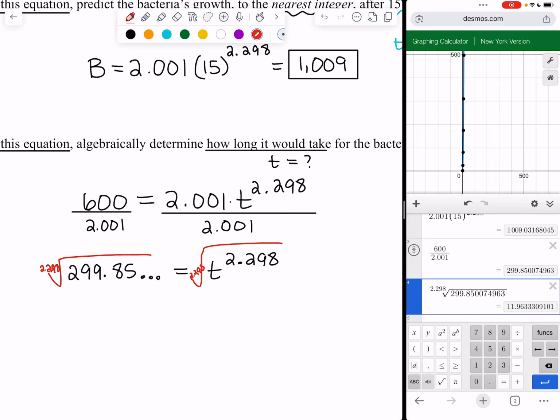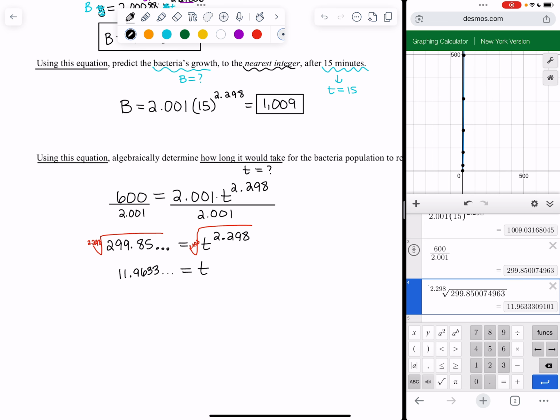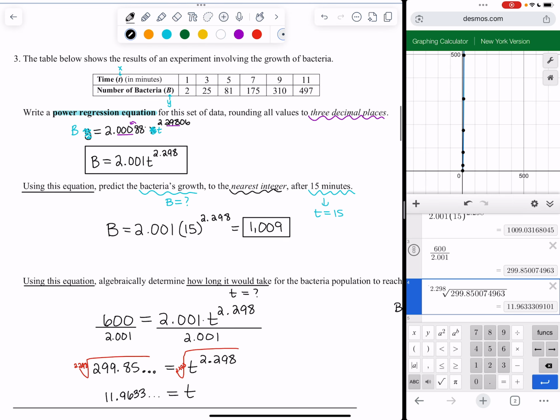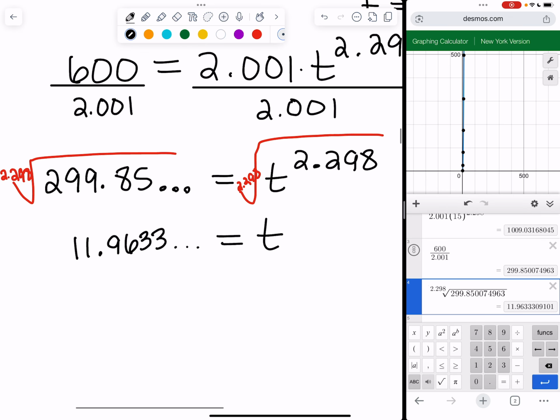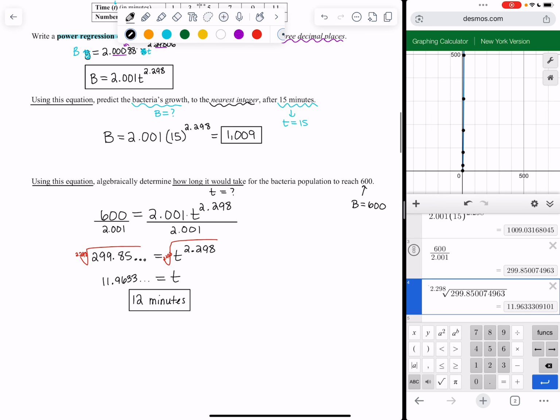And then from that, you end up with 11.9633... And they said, determine how long it would take. It doesn't really say, so to the nearest minute, we'll say 12 minutes. And again, if you don't write the minutes, you would not lose credit. You just need to have the number 12 there.